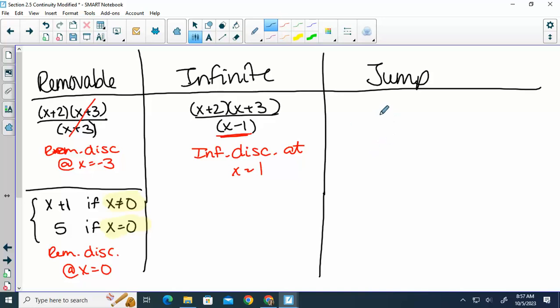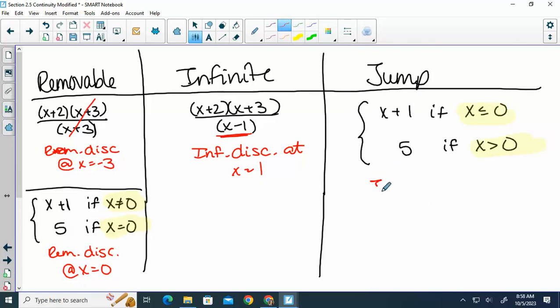Then the jump discontinuity. That's when we have a piecewise, but our conditions, instead of equal and not equal, you have inequalities.